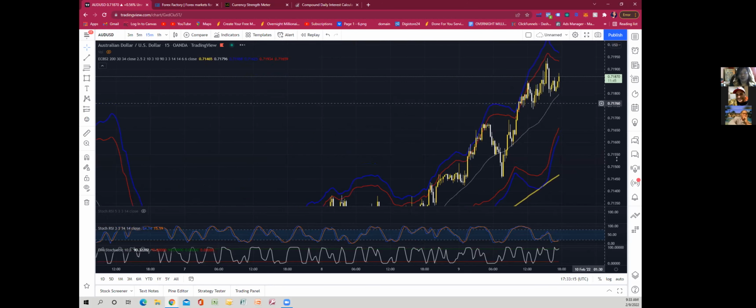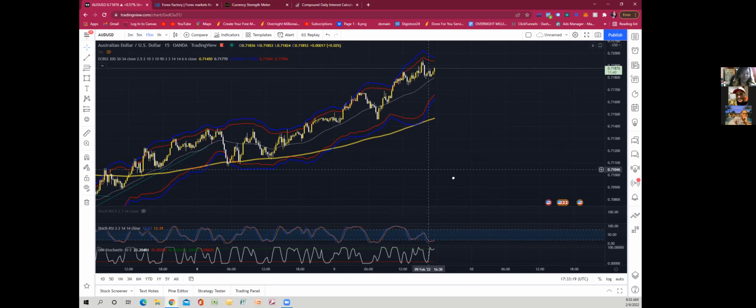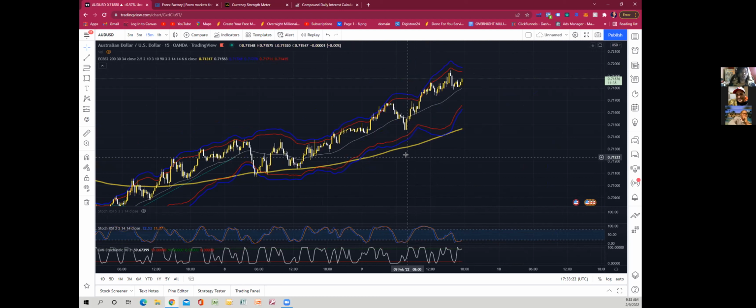You start off with a higher time frame. Higher time frame tells us the bigger picture. When you look at a puzzle, it's hard to look at little bitty pieces and get to the whole picture.